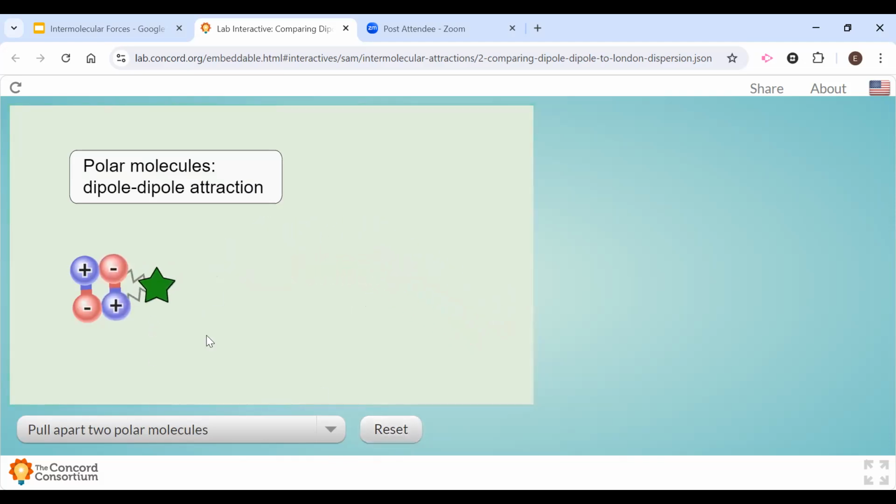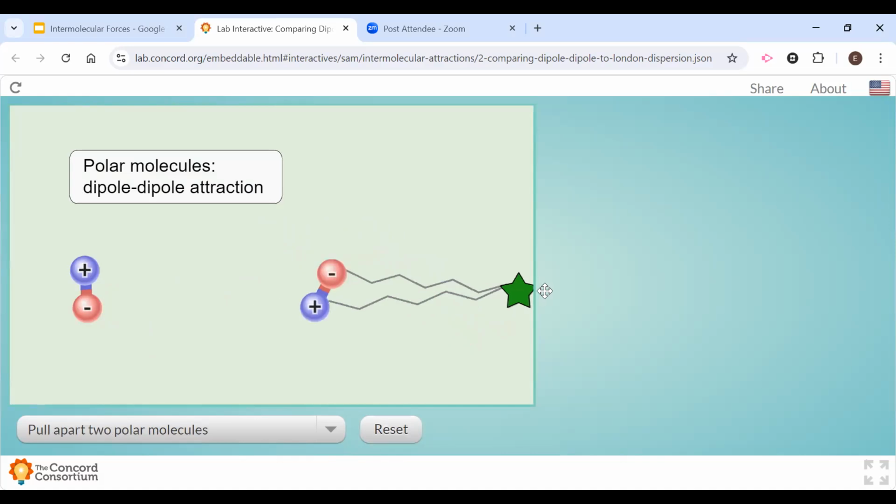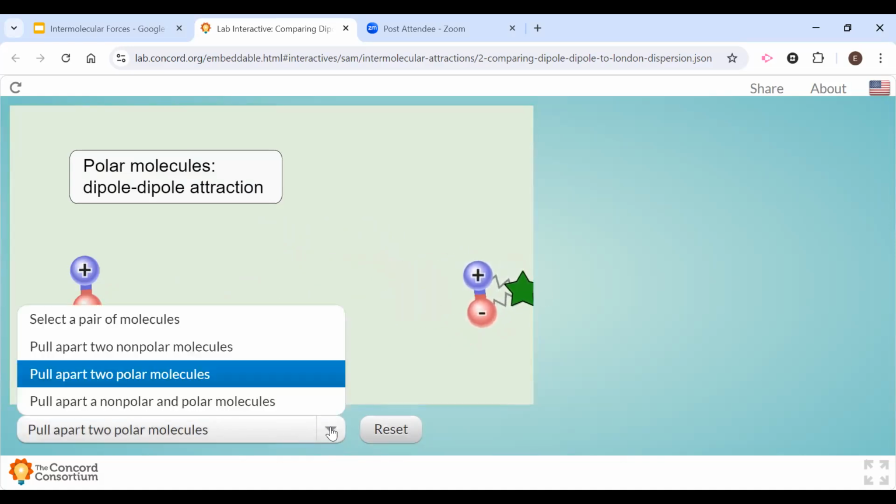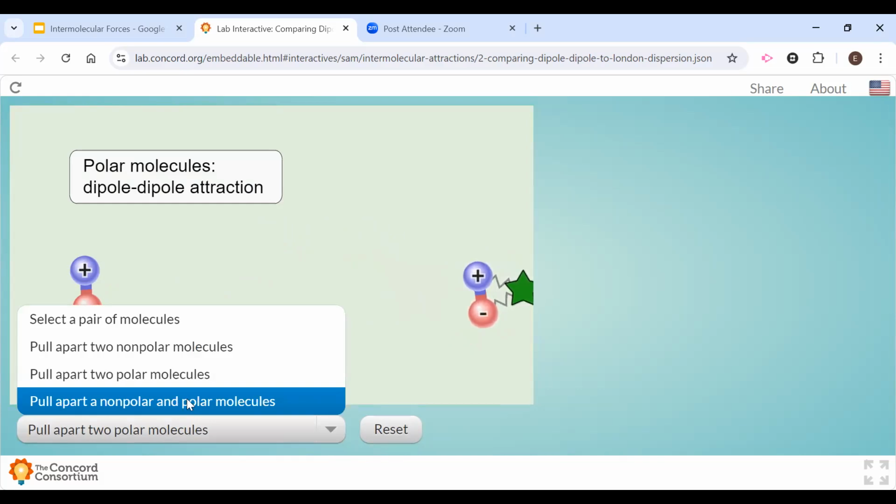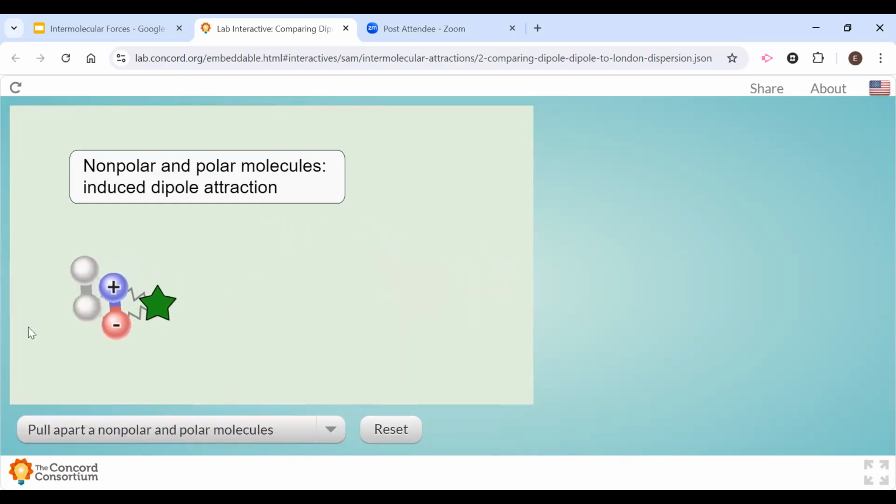So let me reset. You see that? Okay. So let's look at non-polar. Look at this. There's nothing here. There's no partial positive or partial negative here. Look at this.